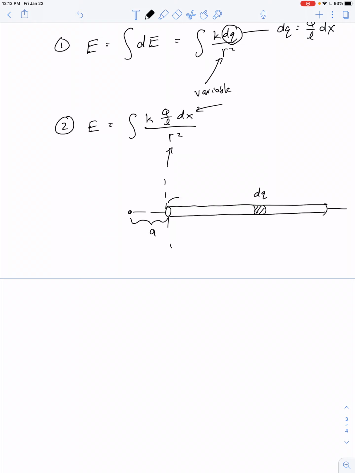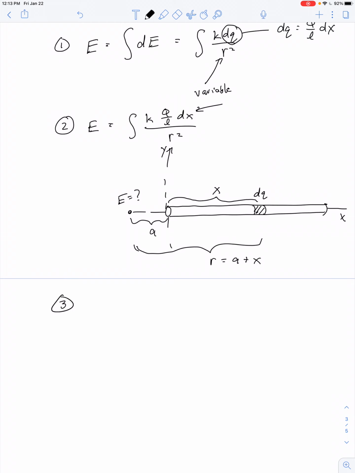The distance from the origin on an x and y axis to any point in question, we already know must be labeled as x. The distance from the point where we're trying to find the strength of the electric field to the location of the source of charge producing that electric field, we call r. And so it's really clear that r is just equal to a plus x.